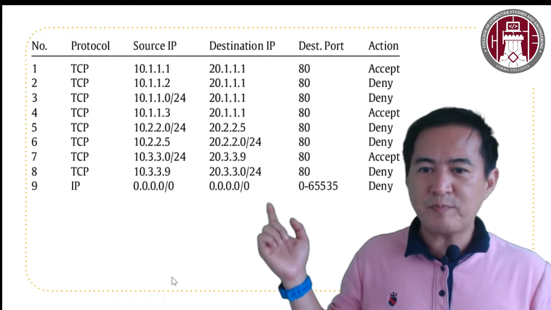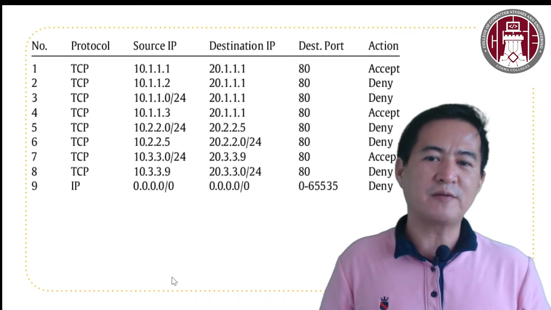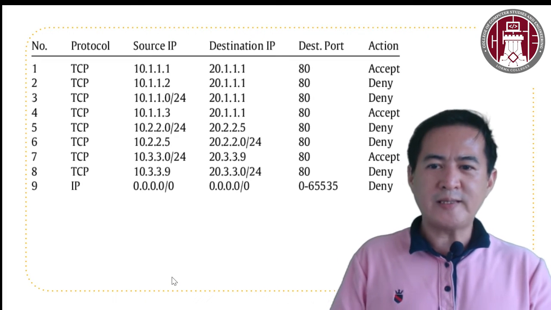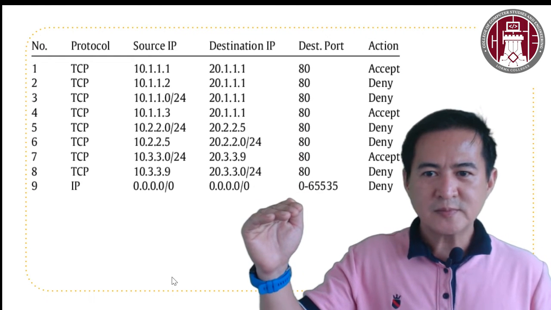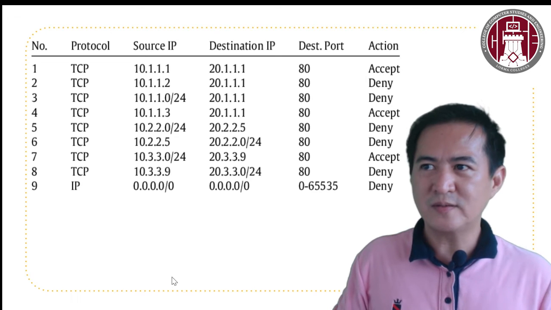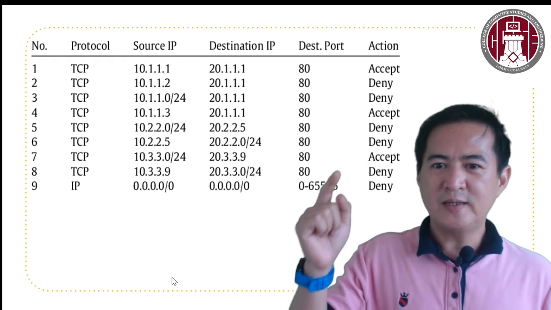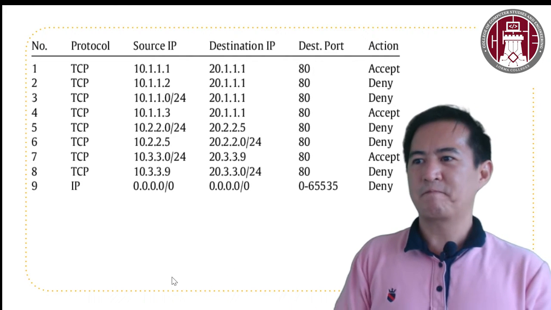So all those packets will be accepted based on the action that you specify here. Meaning, you come up with a list of rules and then specify an action: either you accept, deny, or forward.